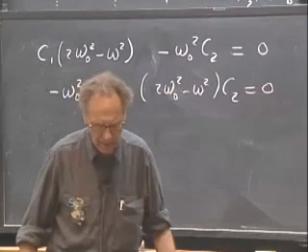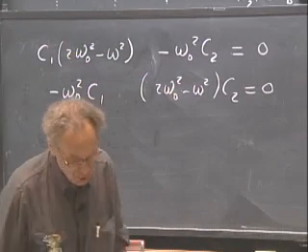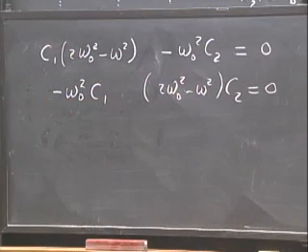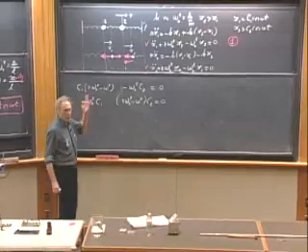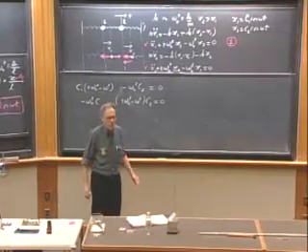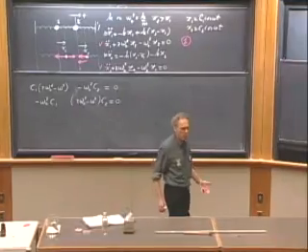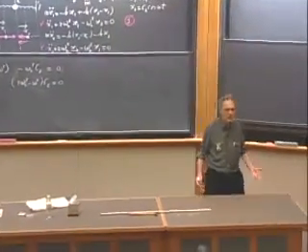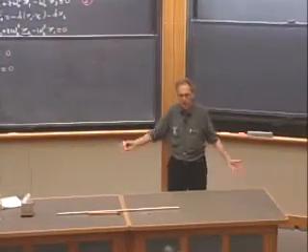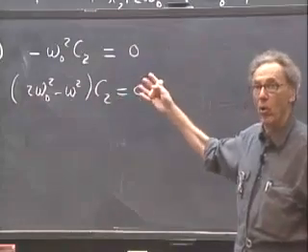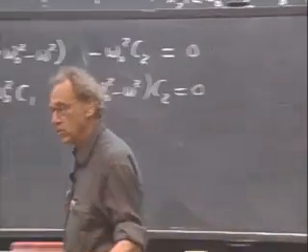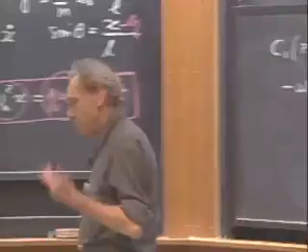So what do I have here now? I have two equations with three unknowns. I want to know what omega is in the normal modes, but I also would like to know what c1 and c2 are. Well, that is tough luck. You can't have it both ways. We do not know at all what c1 and c2 are separately.